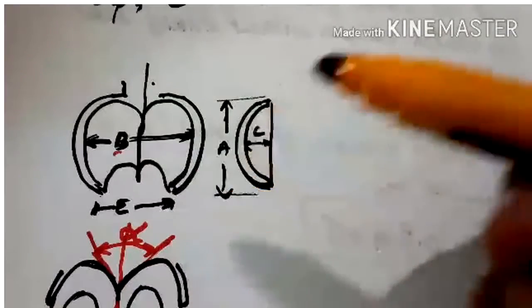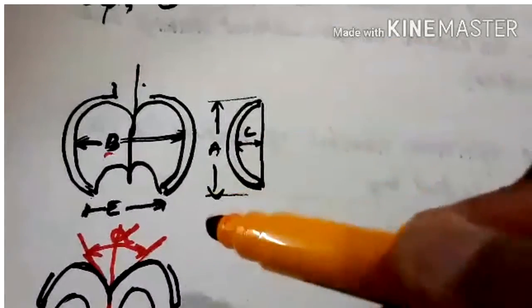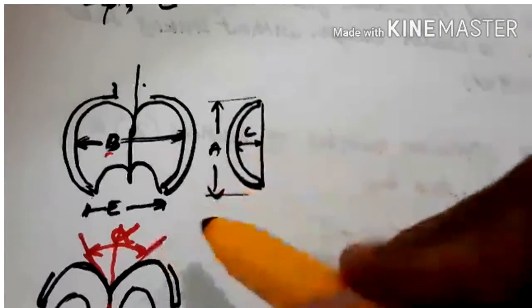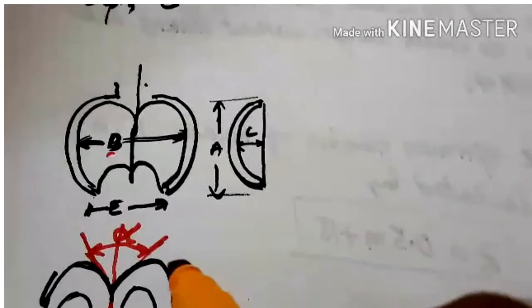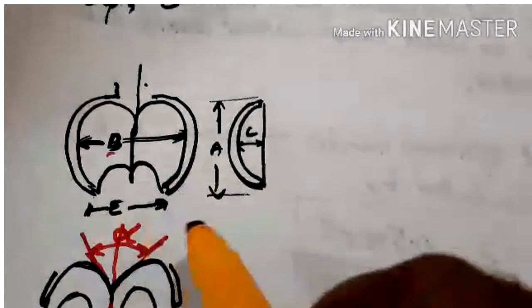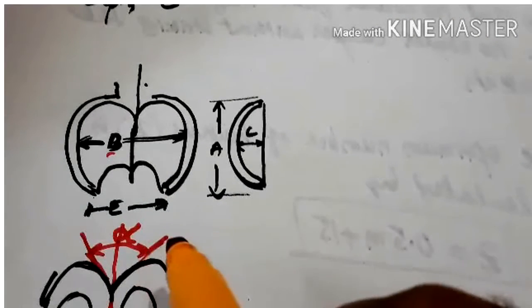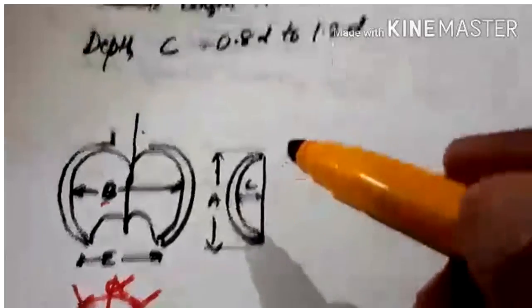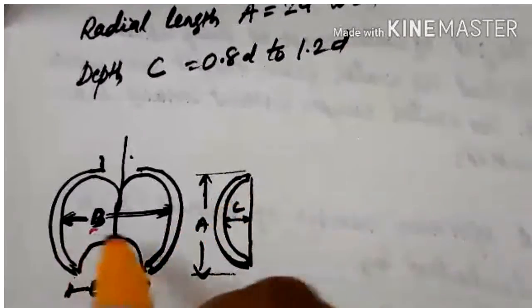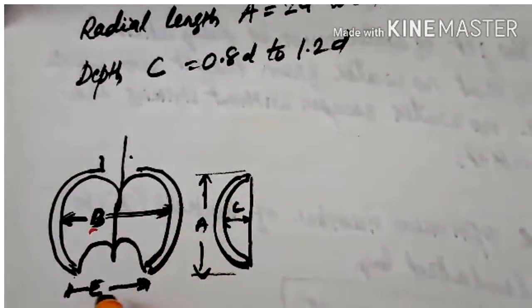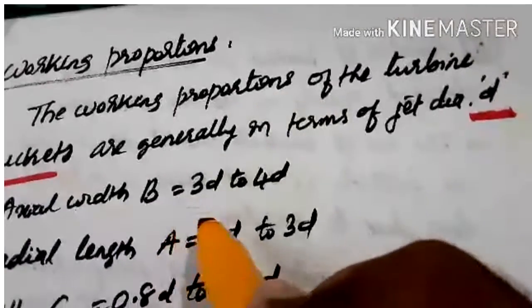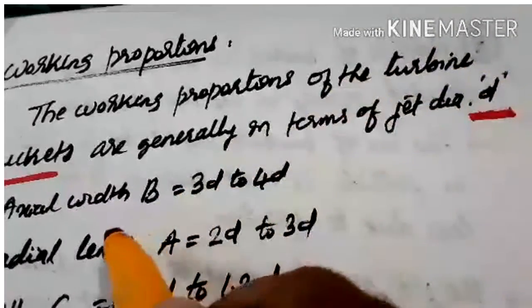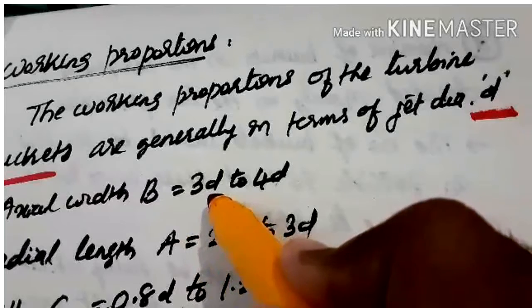When you join two spoons together, the shape you get is the Pelton wheel bucket. So we need to proportion all these lengths, that is the axial width, groove width, radial width and depth of the bucket, generally in terms of the jet diameter.